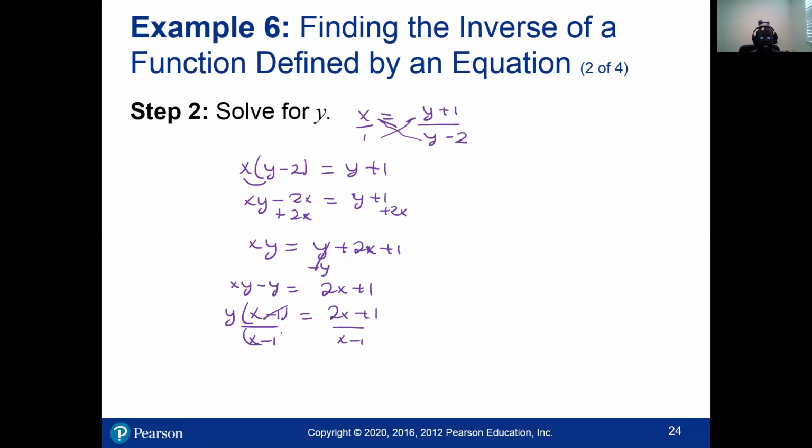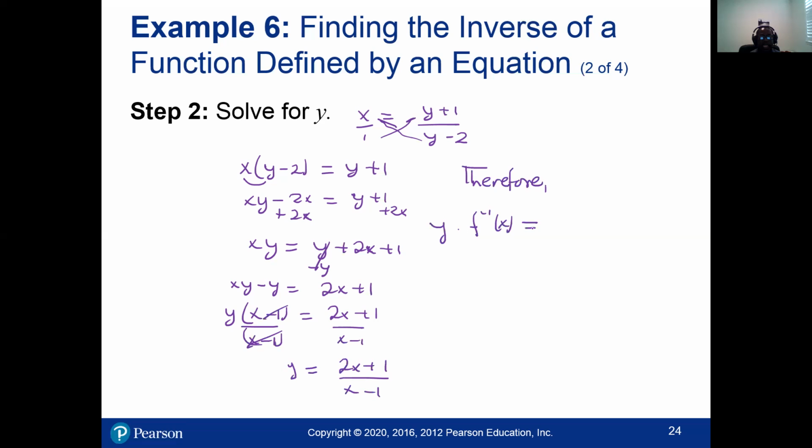Okay, so these factors will cancel out. And now we have y is equal to 2x plus 1 over x minus 1. Okay, so therefore, your inverse function f inverse in terms of x is equal to your y.